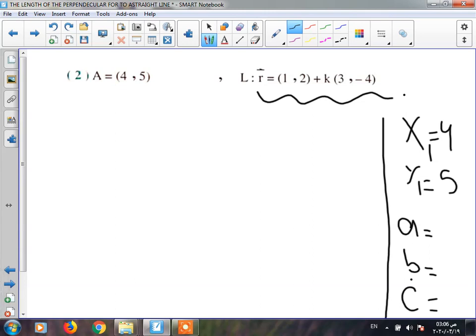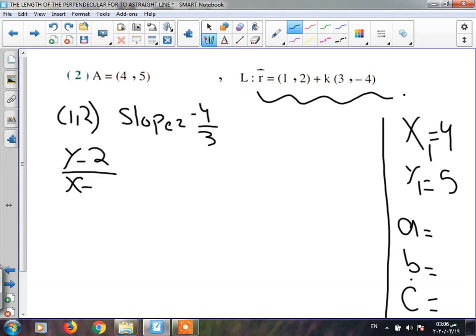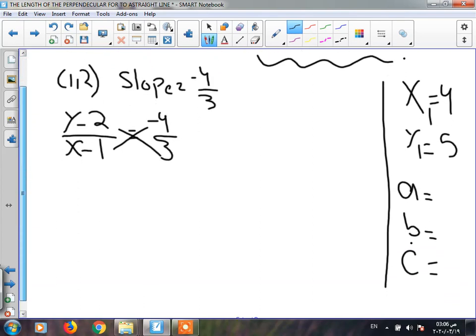Let's remember together how we can change the equation of a straight line from vector into Cartesian. Here we have the point 1 and 2, and your slope is negative 4 over 3. The equation is going to be y minus 2 over x minus 1 equals the slope, negative 4 over 3. Make your cross multiplication.